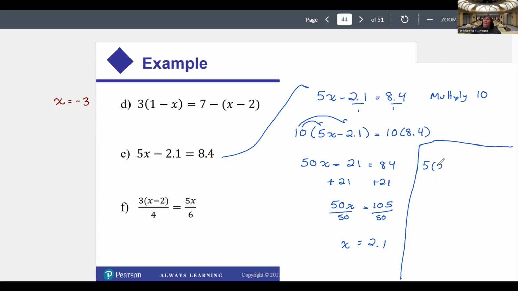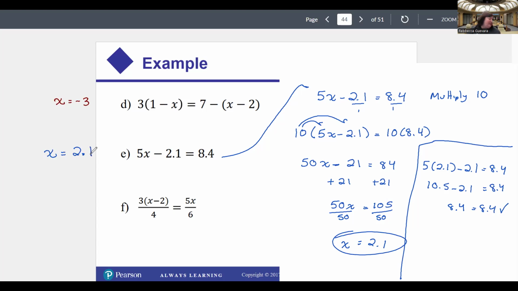So 5 times 2.1 minus 2.1 equals 8.4. 5 times 2.1 is 10.5 minus 2.1. Sorry, my pad's a little crooked here. Equals 8.4. But does it? 10.5 minus 2.1 is 8.4. That checks. This is my solution.